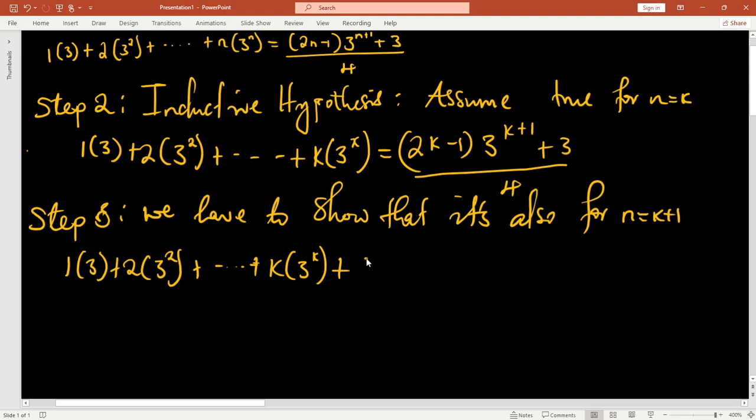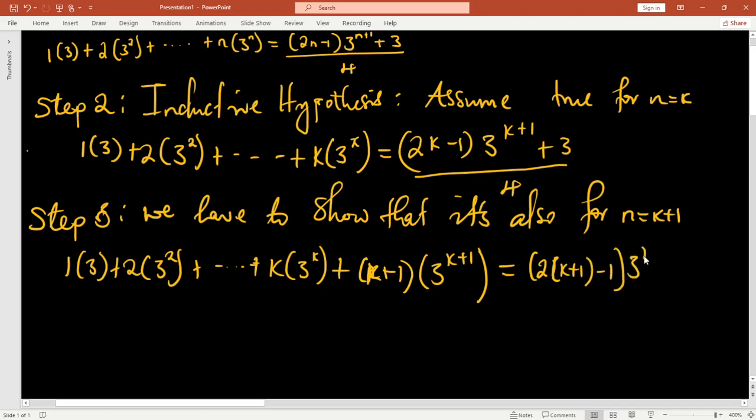So here we're going to say k plus 1, open brackets, 3 to the power k plus 1, close, equal to, open brackets, 2 multiplied by k plus 1, minus 1, 3 to the power k plus 1, plus 1, plus 3, divided by 4.